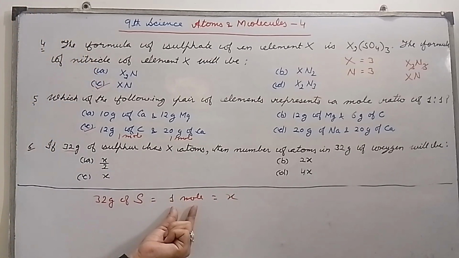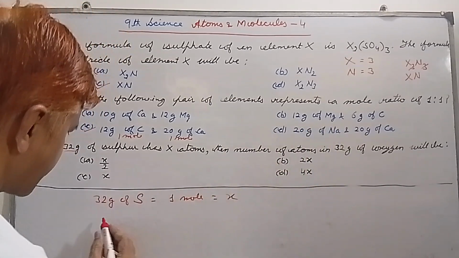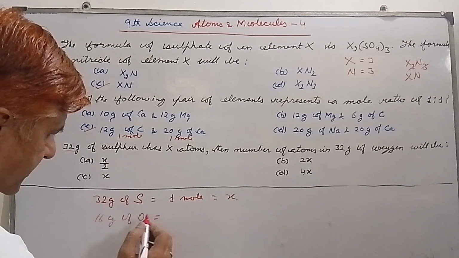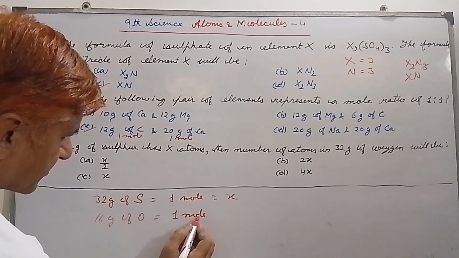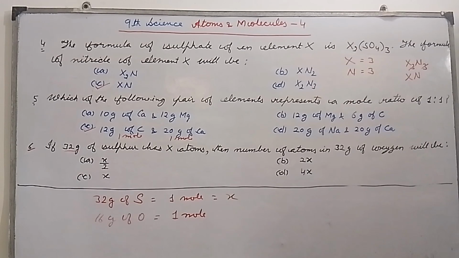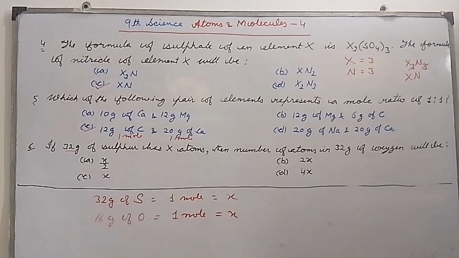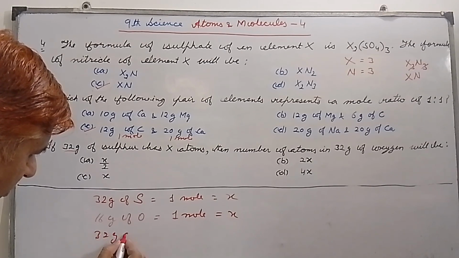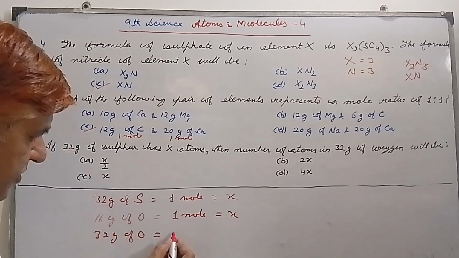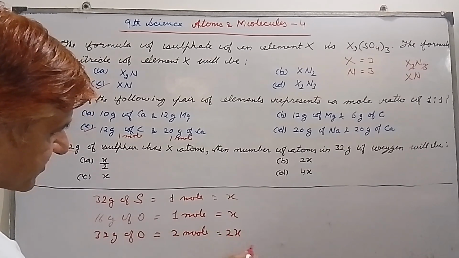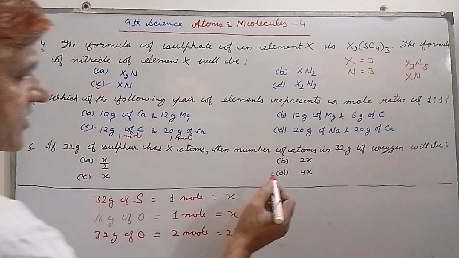So actually 1 mole is equal to X, and we know that 16 gram of oxygen is also equal to 1 mole, which is equal to X, because 1 mole is equal to X. Now 32 gram of oxygen will be equal to 2 moles, or this will be equal to 2X. So B is the correct option.